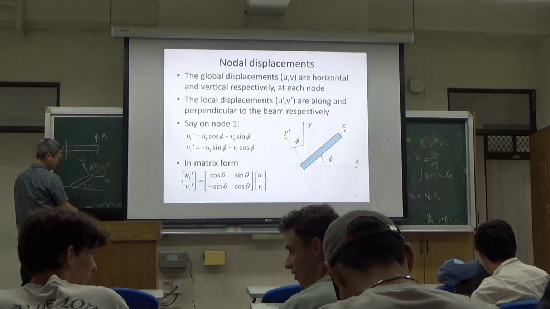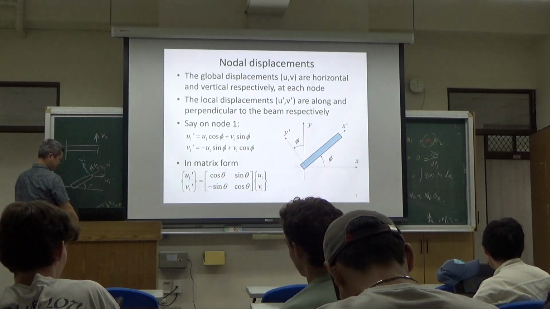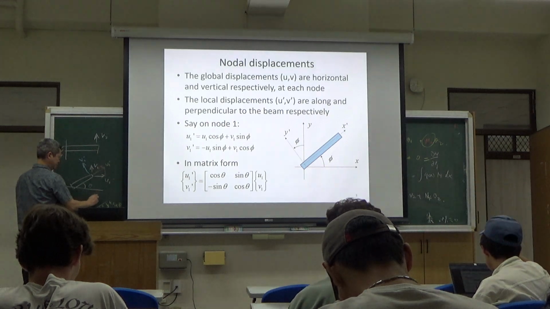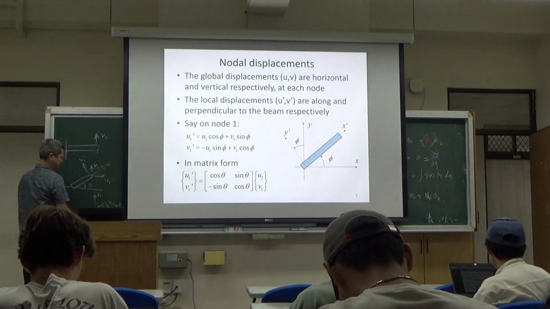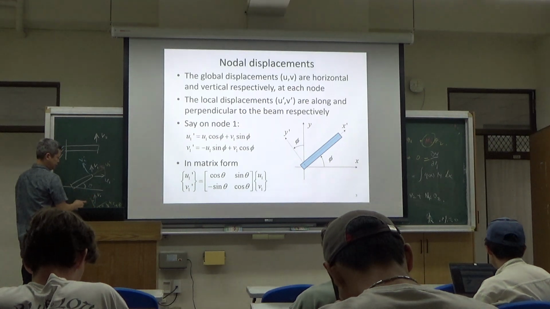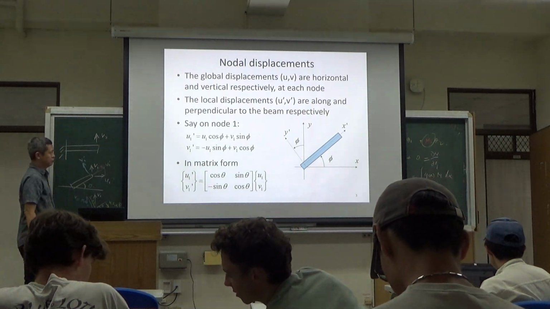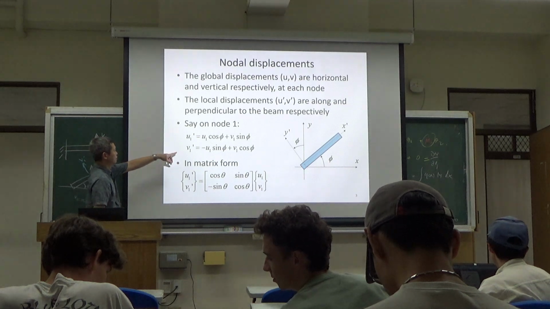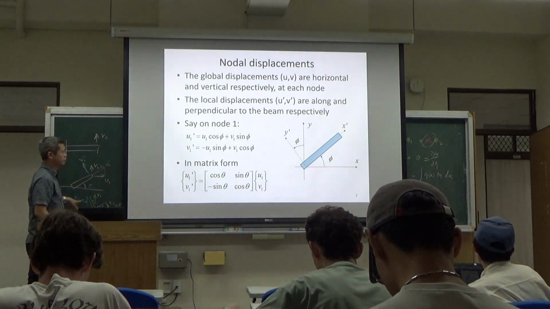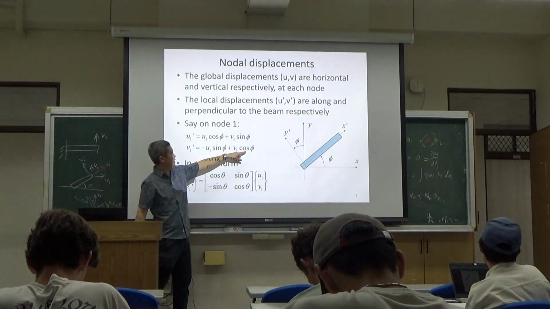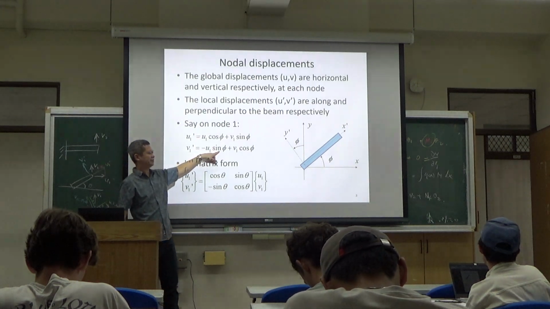And the displacement in the vertical direction, I can project into the vertical component V1 cosine theta. So as a result, what is the vertical displacement? It is V1 cosine phi minus U1 sine phi.